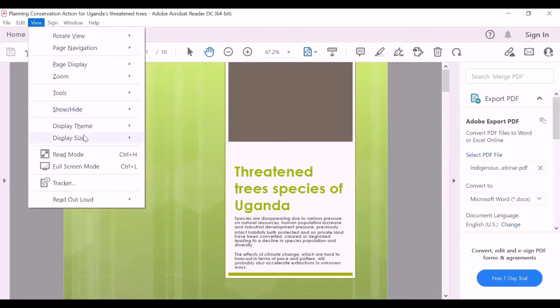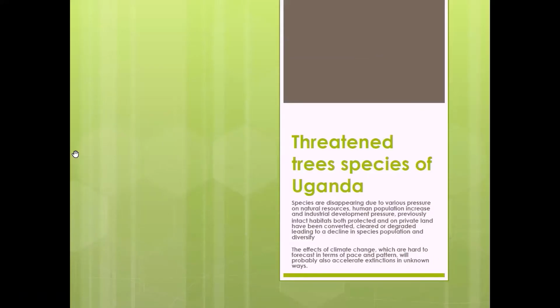So welcome. Trees in Uganda are disappearing due to various pressures on natural resources, human population increase, and industrial development pressure. Previously intact habitats, both protected and on private land, have been converted, cleared, or degraded, leading to decline in species population and diversity.